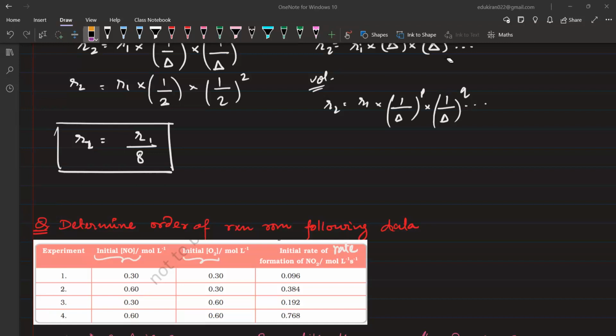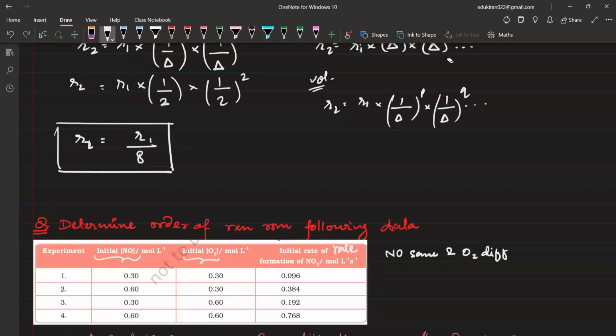First of all, tell me what you have to find. Let's find O2 first. So choose two experiments in which the concentration of NO is the same and O2 is different. To find the order of O2, O2 should have a different concentration and NO the same.